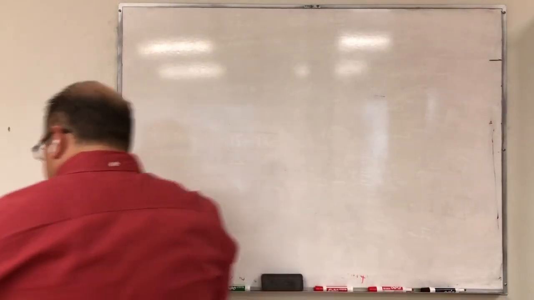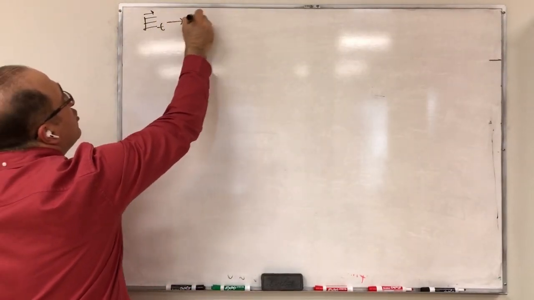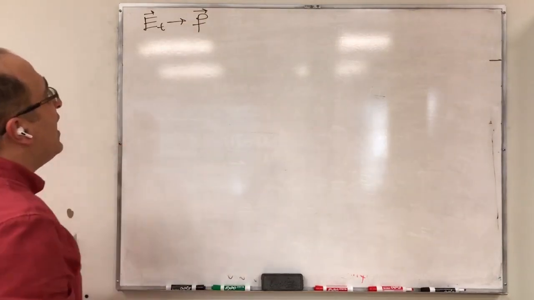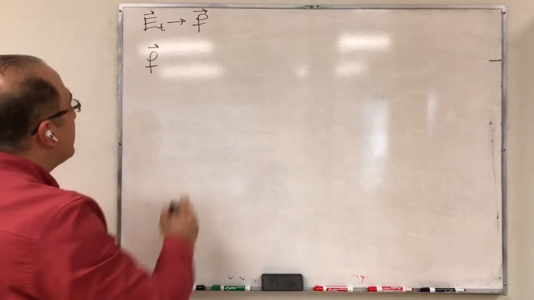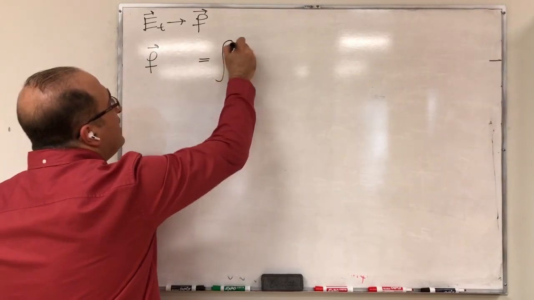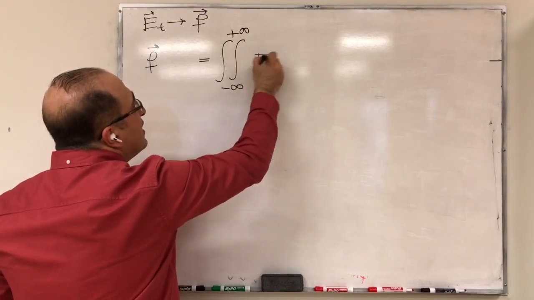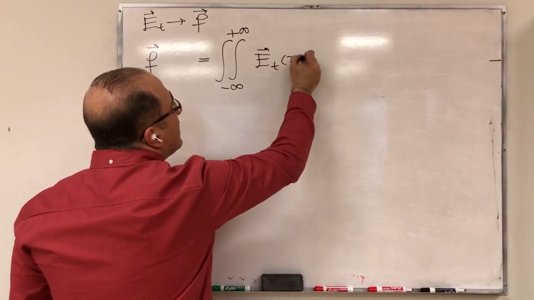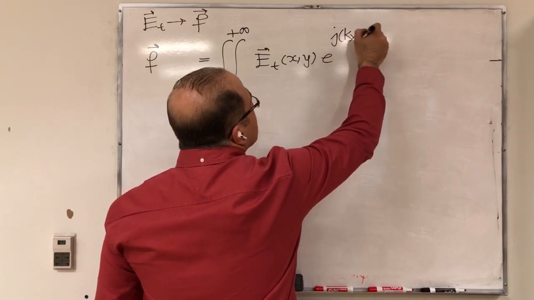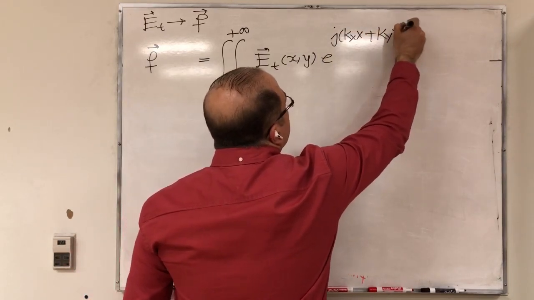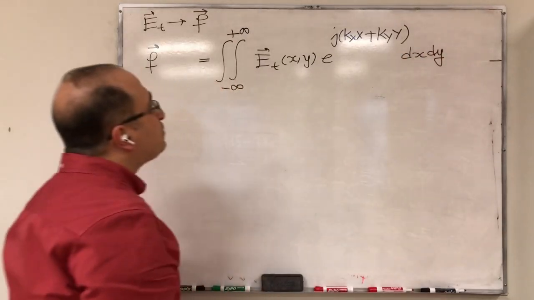Okay, so the first step, so we said we need to go from E tangential to an auxiliary function f. So now let's see what this step is. So f, which I have here, is going to be equal to integral from minus infinity to plus infinity of E tangential x and y, e to the power of j, kx x plus ky y, dx dy.